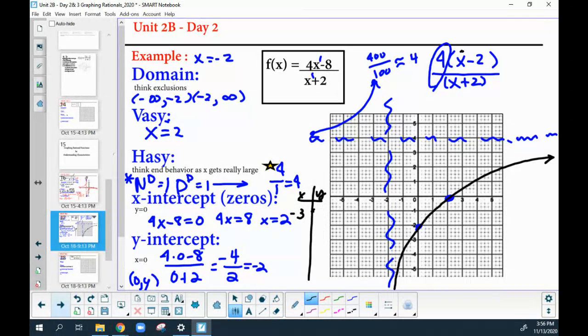Sorry. If I put -3 in here, it's not what I got earlier. So we've got -3 also at the bottom. We've got 4 times -5 all over -1. That's -20 over -1. That's +20. Merciful heavens. So that does look like we go all the way up here, really high.